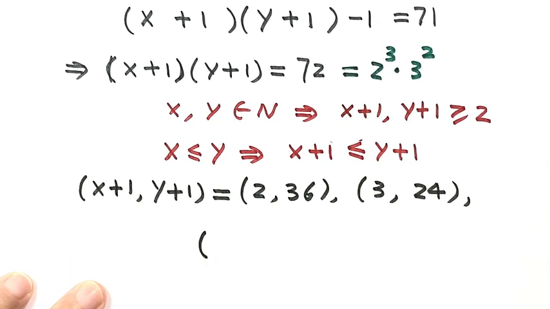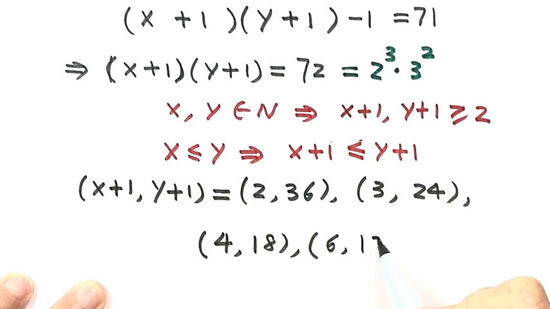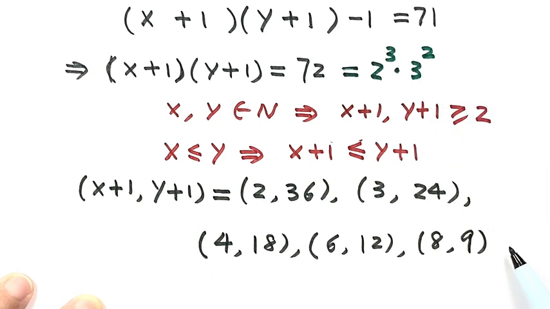Third case, 2², that's 4, then 18. The next one, 2 times 3, that's 6, then 12. Next, 2³, that's 8, then 9. Then we just stop here. Why? Because the next one would be 9, 8, which won't satisfy the condition x + 1 ≤ y + 1.